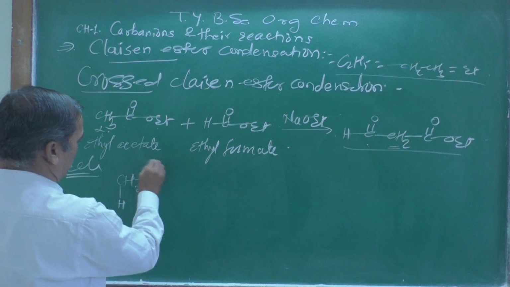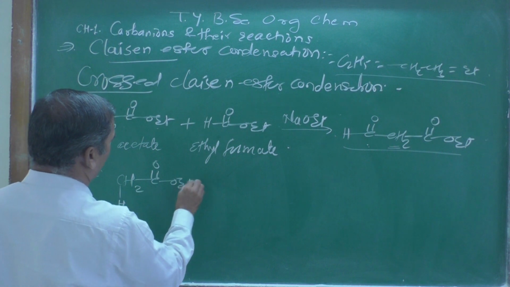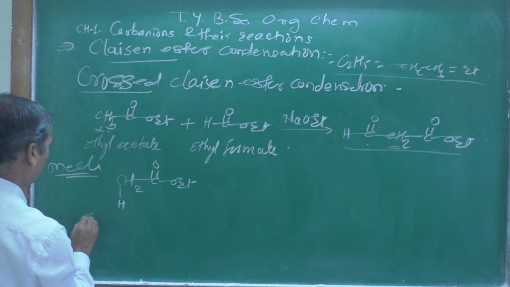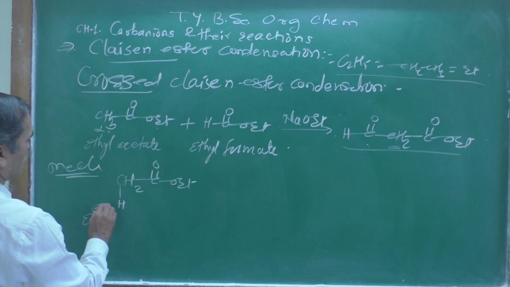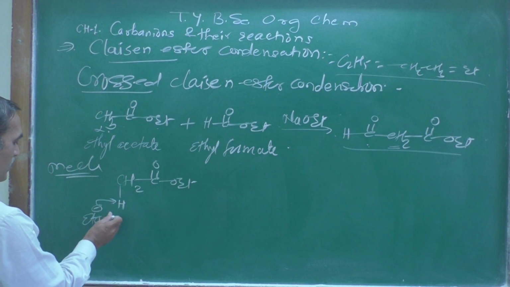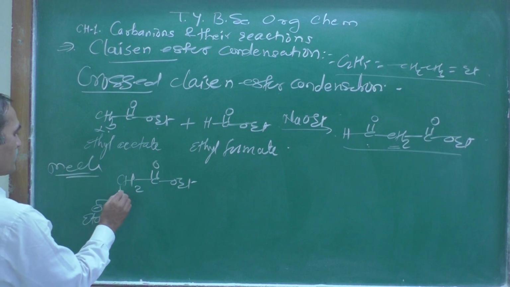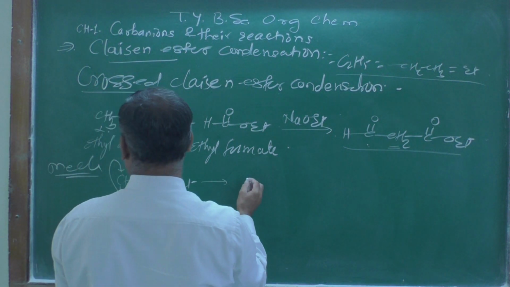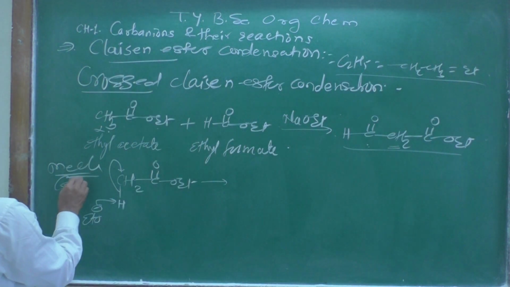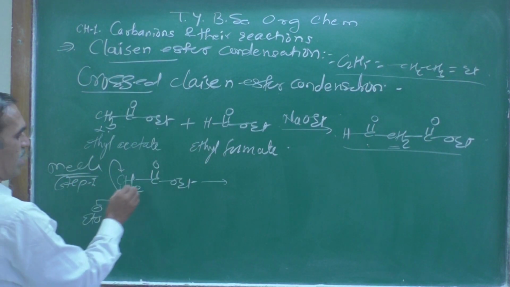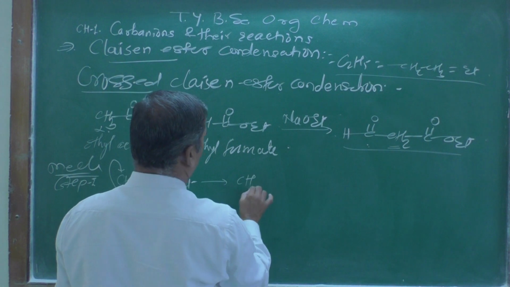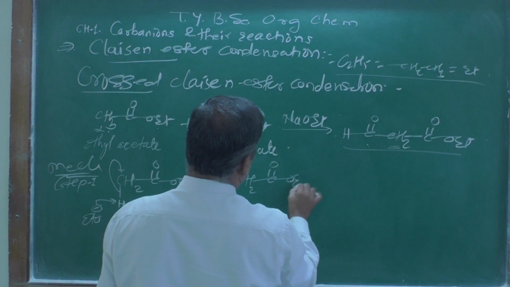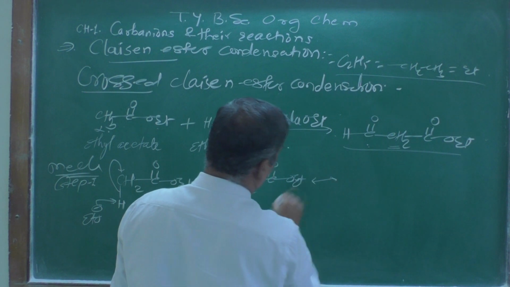Now look here, C double bond OEt: sodium ethoxide, that is EtO minus, will abstract the proton from here, resulting in the formation of the carbanion. So in step one, what is going to happen? Generation of the carbanion, CH2 minus, C double bond OEt.